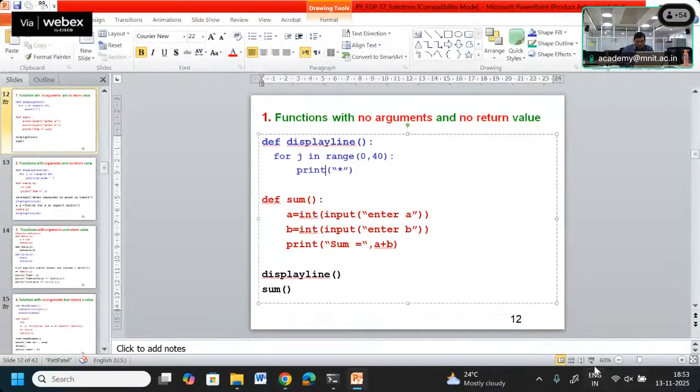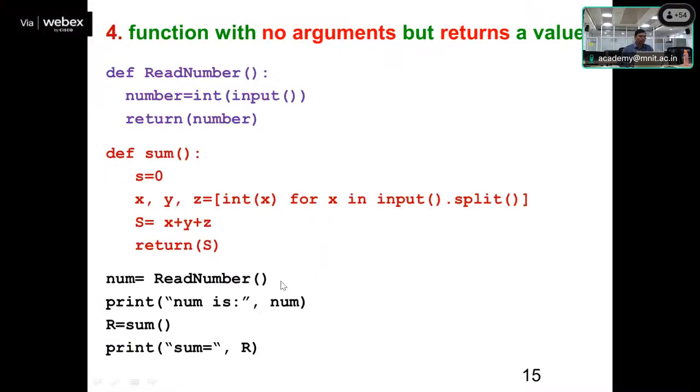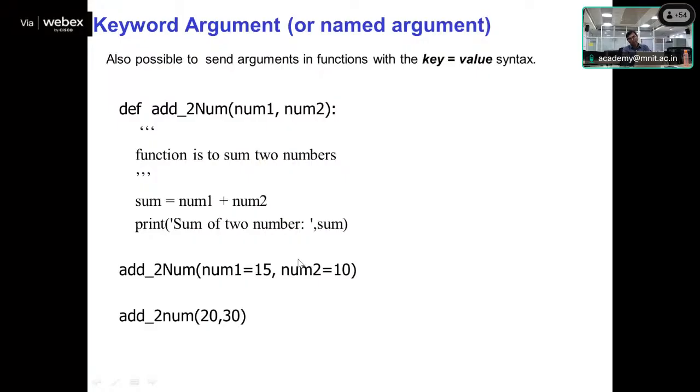Now another important topic is that functions have a different way of giving arguments. One is known as the keyword argument, or you can say the named argument. The arguments which we give to the function can be sent by name, using the key-value format.